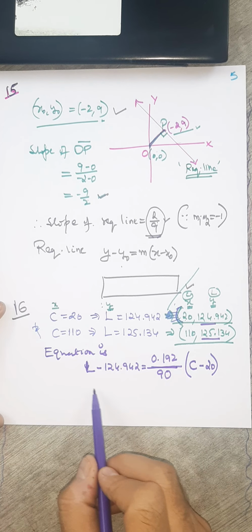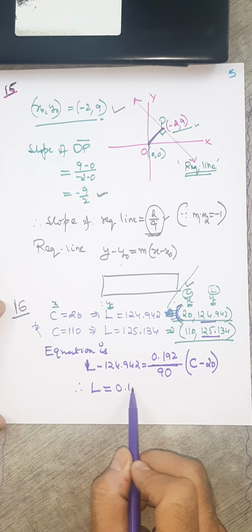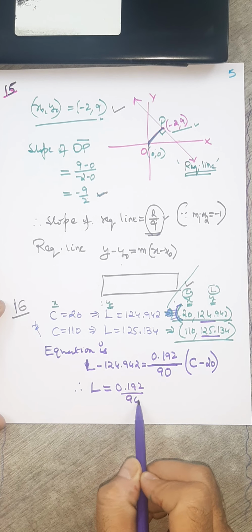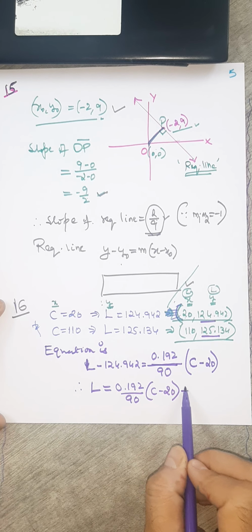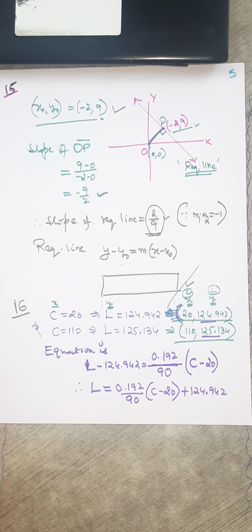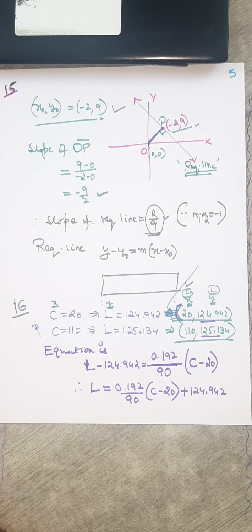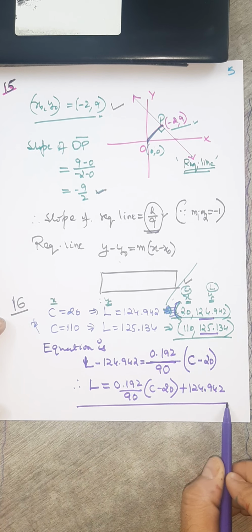Therefore L equals 0.192 upon 90 into C minus 20 plus 124.942. If you want you can simplify further, but otherwise you can keep it in this form. This is the required equation.